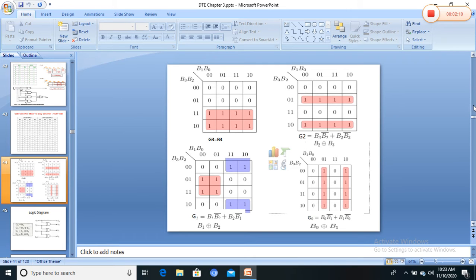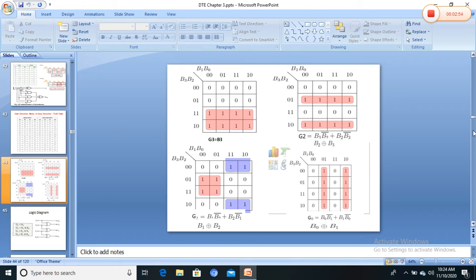After K-map simplification we get the equations for the outputs G3, G2, G1 and G0, considering B3, B2, B1, B0 as the binary inputs. The numbers 0 to 15 are converted in the truth table with gray output, and by K-map simplification we get the output equations.